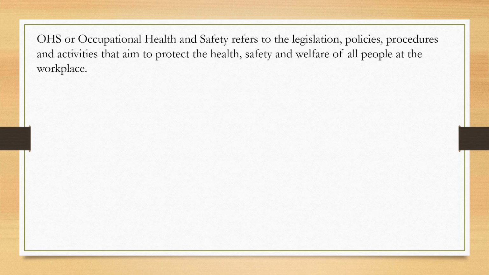It refers to legislation, policies, procedures, and activities that aim to protect the health, safety, and welfare of all people at the workplace. Remember, in any kind of field of work, safety first.